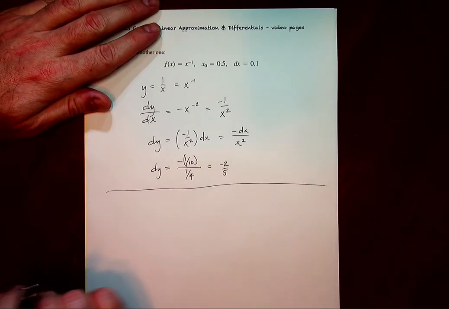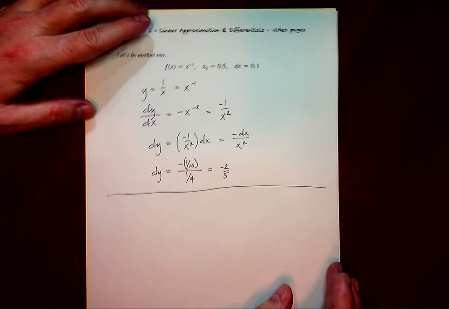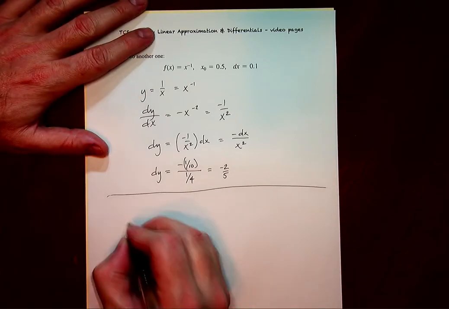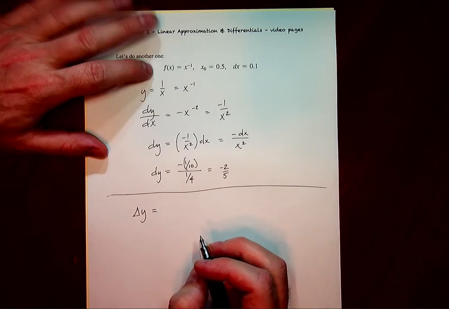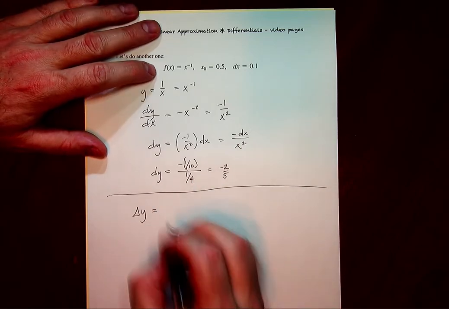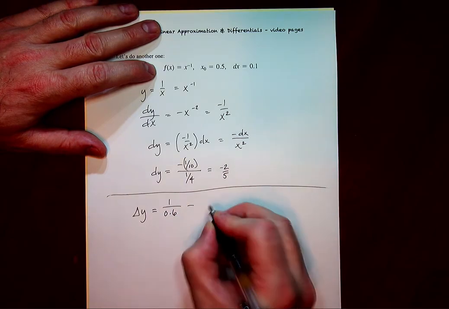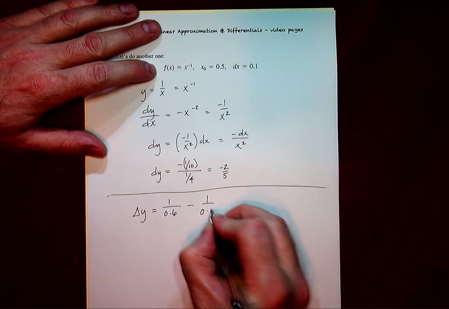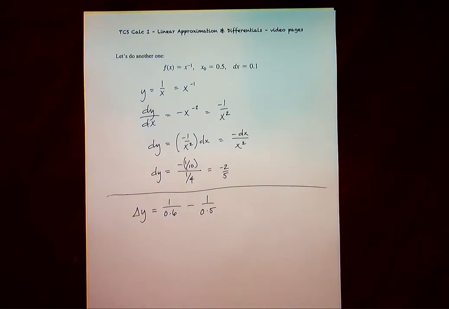Okay, so the question is, how does this relate to the actual change? Okay, well, the actual change, so delta y, would simply be the function at 0.6, so 1 over 0.6 minus 1 over 0.5. And that should be relatively easy.